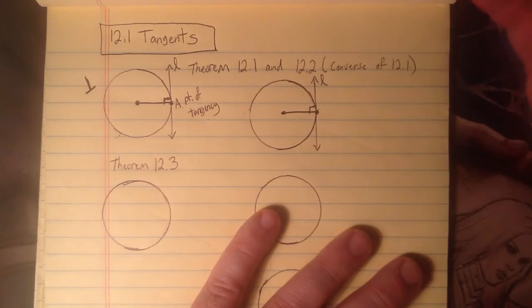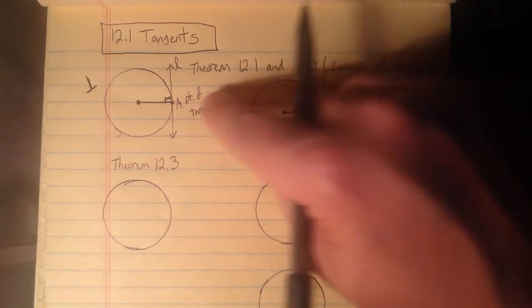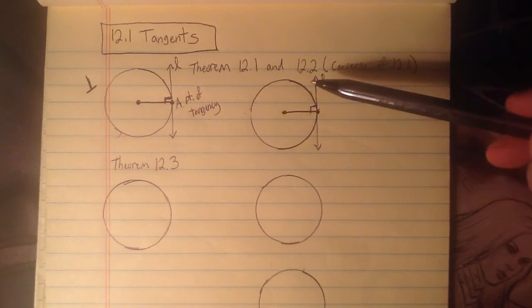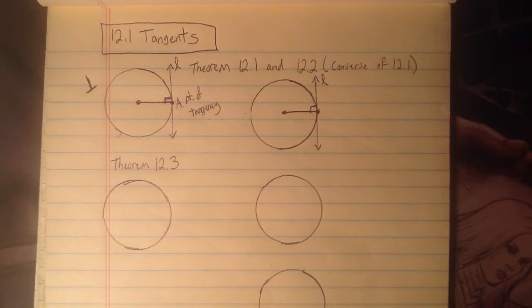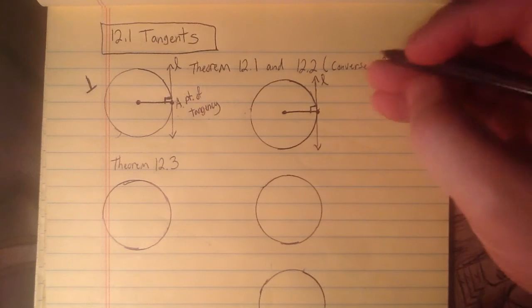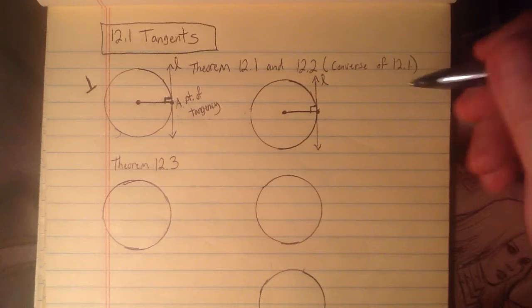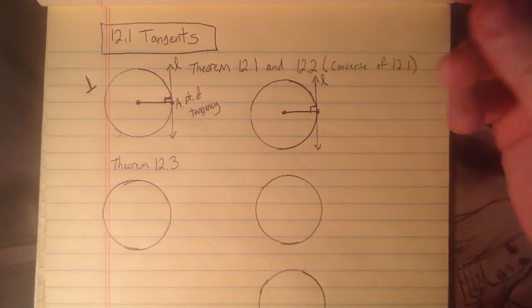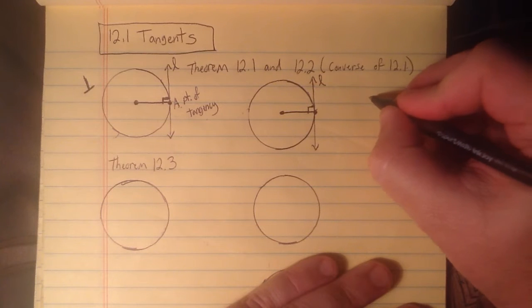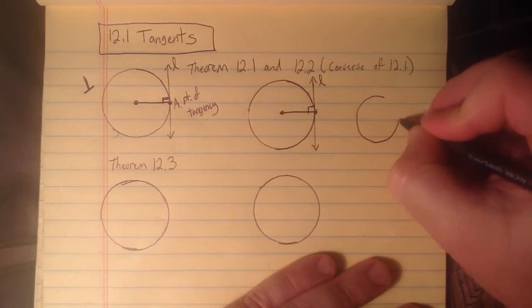That's the only difference. So let's look at 2 examples that demonstrate this. Then we'll do the last theorem last. But let's go ahead and practice this one very, very quickly. So let's say I have a circle here, no big deal.